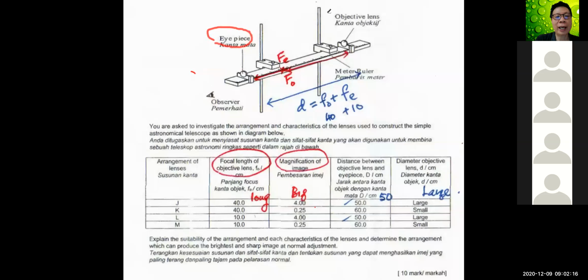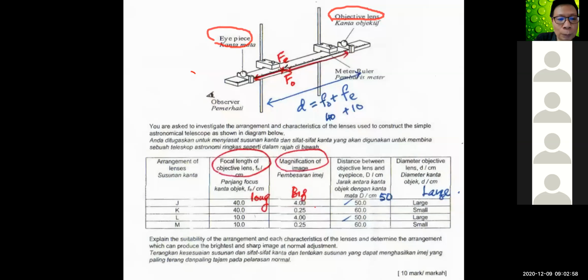This is the objective lens, where the object is placed. For a telescope, you have to remember, the objective lens focal length FO should be longer, whereas for FE, the eyepiece focal length should be shorter.